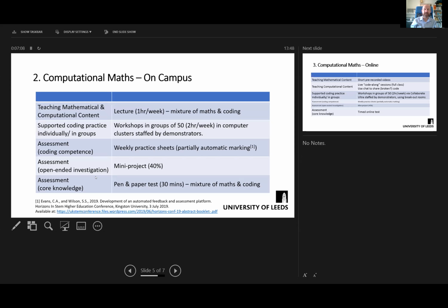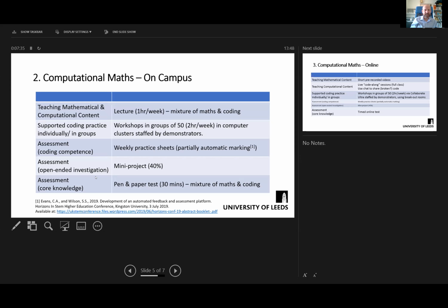The second is chat to their friends and ask their neighbor or in small groups to work together on a particular problem. And finally, to get help from the demonstrators who wander around the class answering questions, looking over shoulders, and that sort of thing. So whilst teaching remotely, we want to be able to keep all of those three elements.